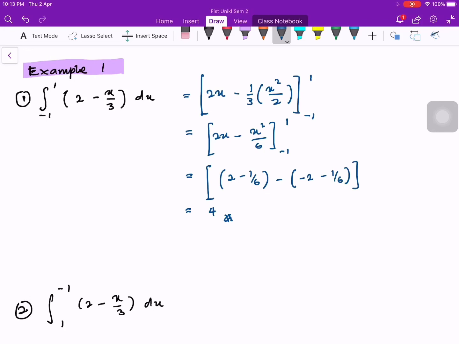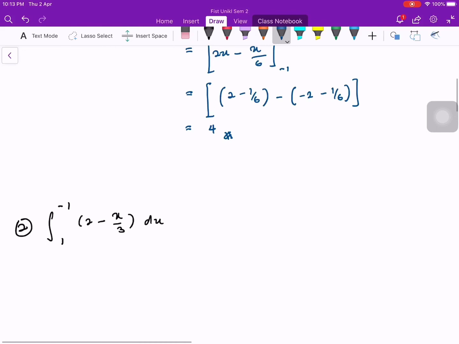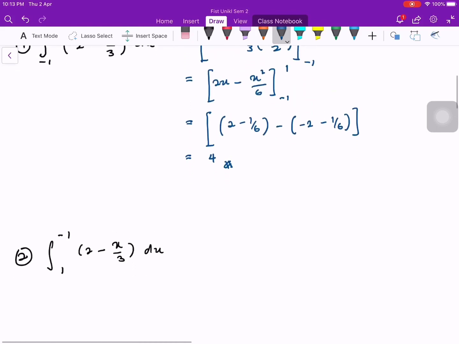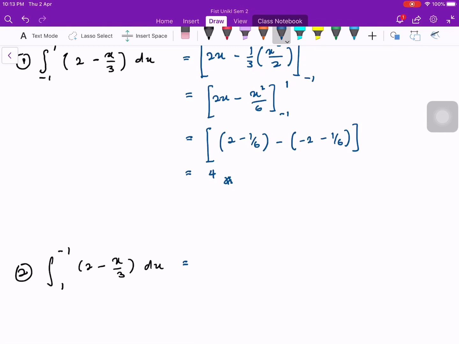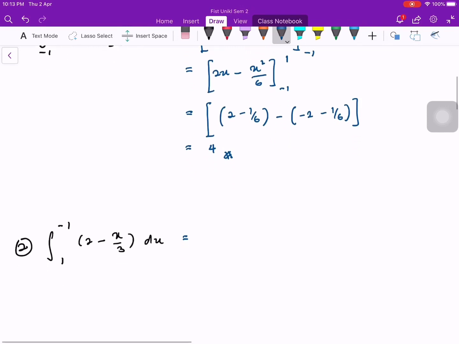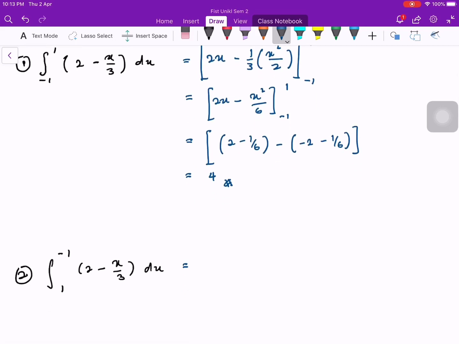Okay, so example seterusnya, example nombor 2. Sama seperti function nombor 1 tadi, but this time we have a limit from minus 1 to 1. So since we have 2 minus x over 3 also, then we are going to have 2x minus x squared over 6.